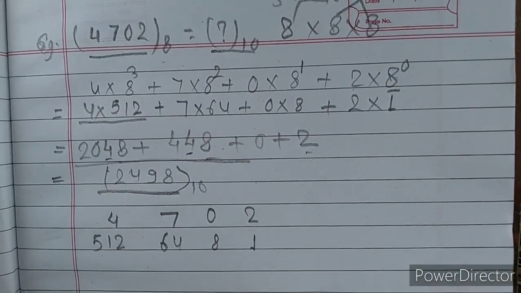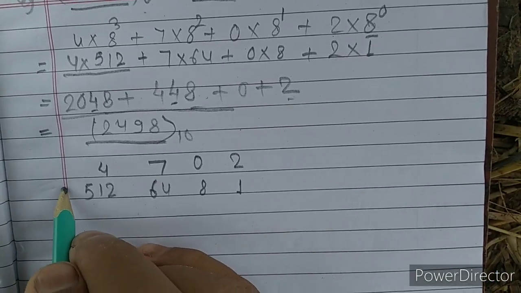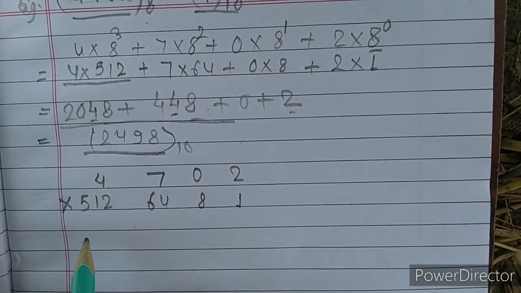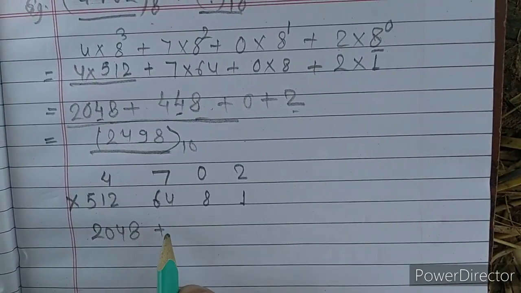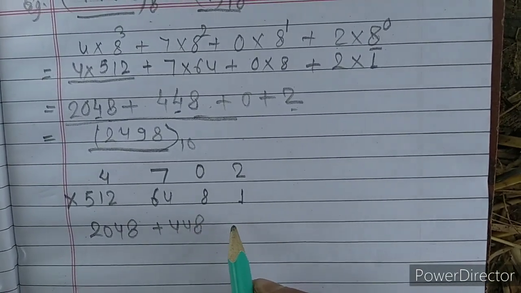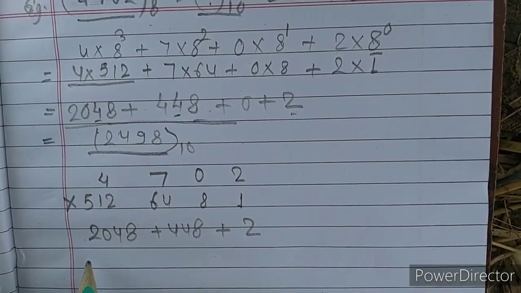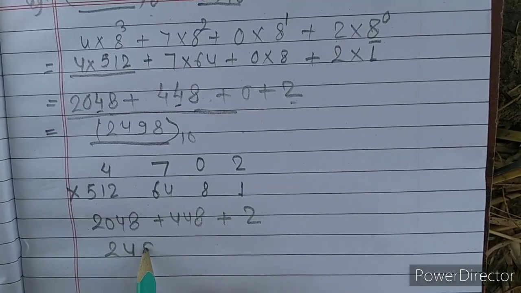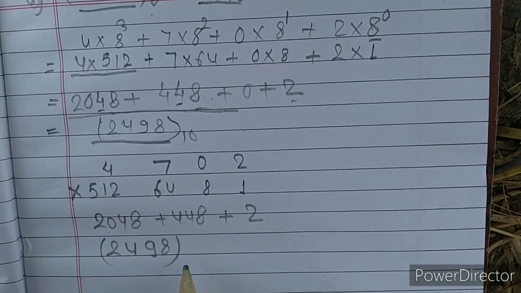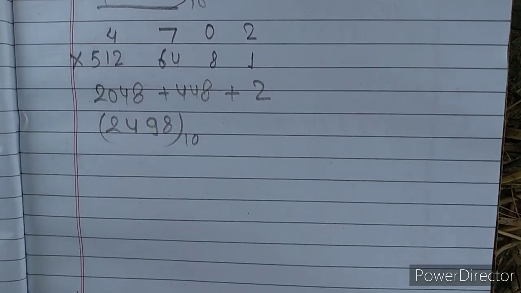In this way you can directly calculate these multipliers and just multiply, and it will come to 2048 plus 448 plus 2, and if you do all these additions, it will directly come to 498. This is the answer. In this way you can calculate.